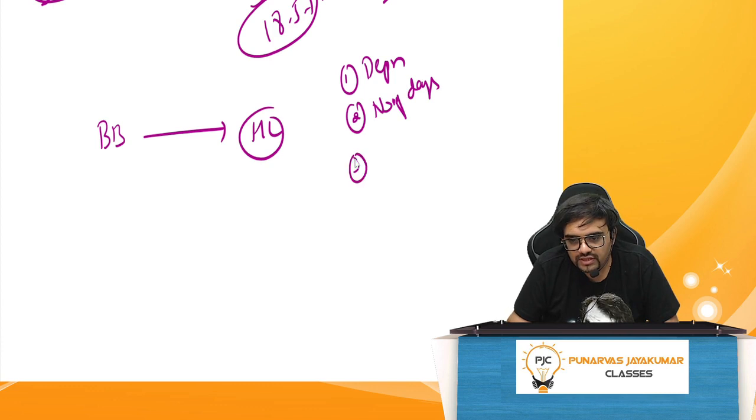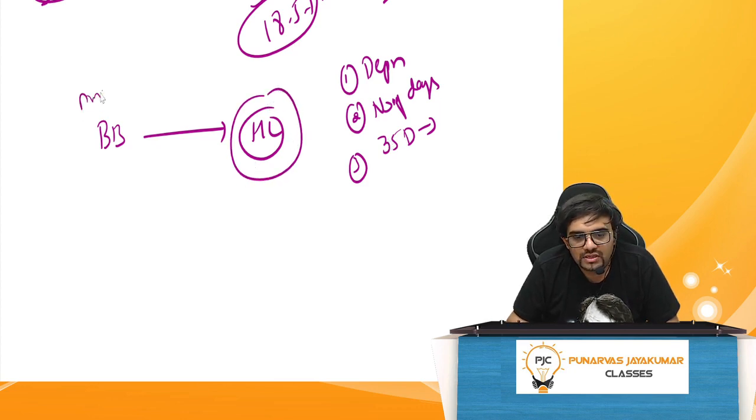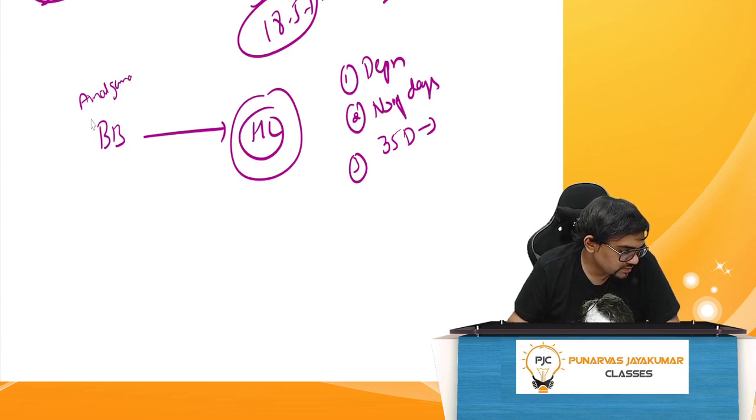Then, if you remember, any unamortized 35D expense will now shift from the amalgamating company to the amalgamated company. So 35D unamortized value will go to the amalgamated company.